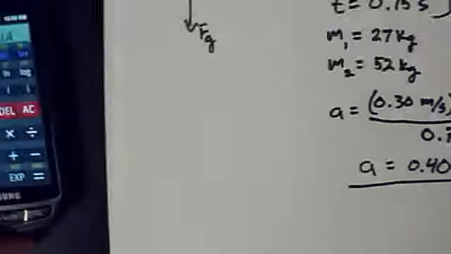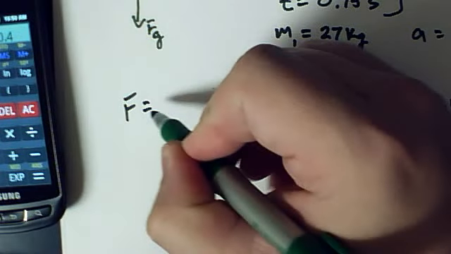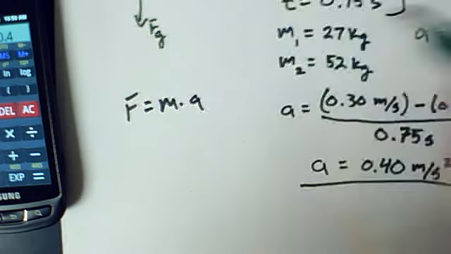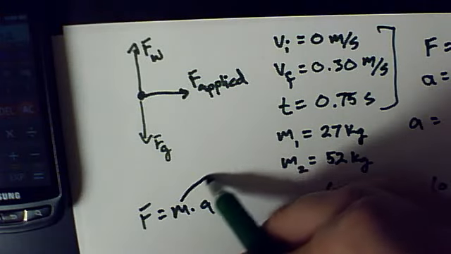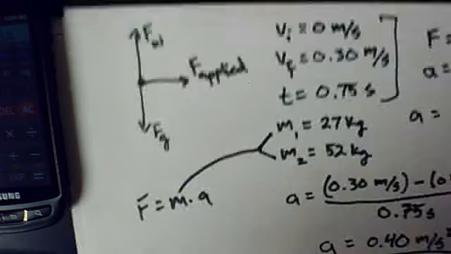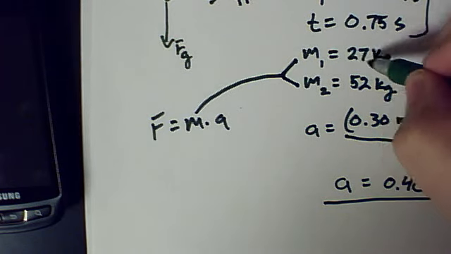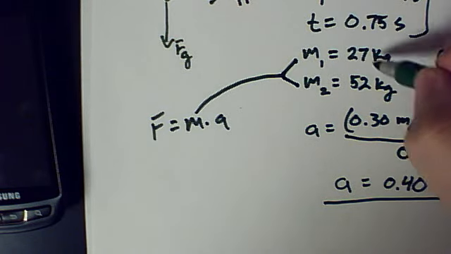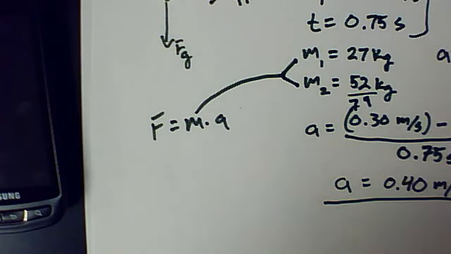So then we have to use that acceleration to find the force, because F equals m times a. Now in this case, the mass is the combined mass of both of those, because she's in the boat, so she's pushing both of them. So our combined mass is 27 plus 52, which is 79.